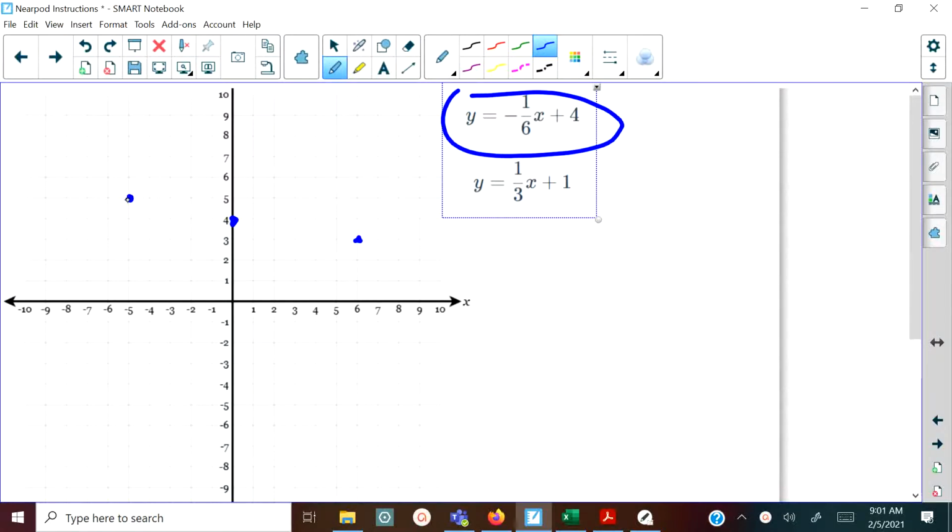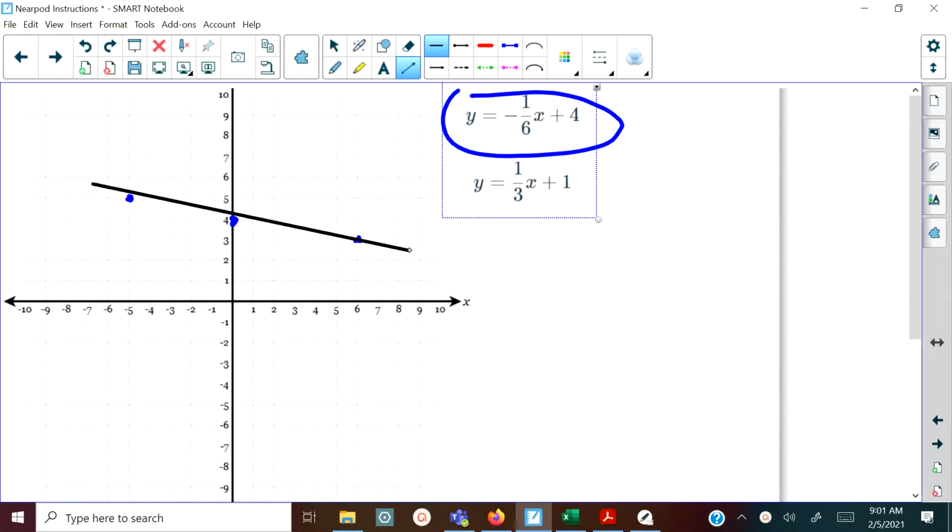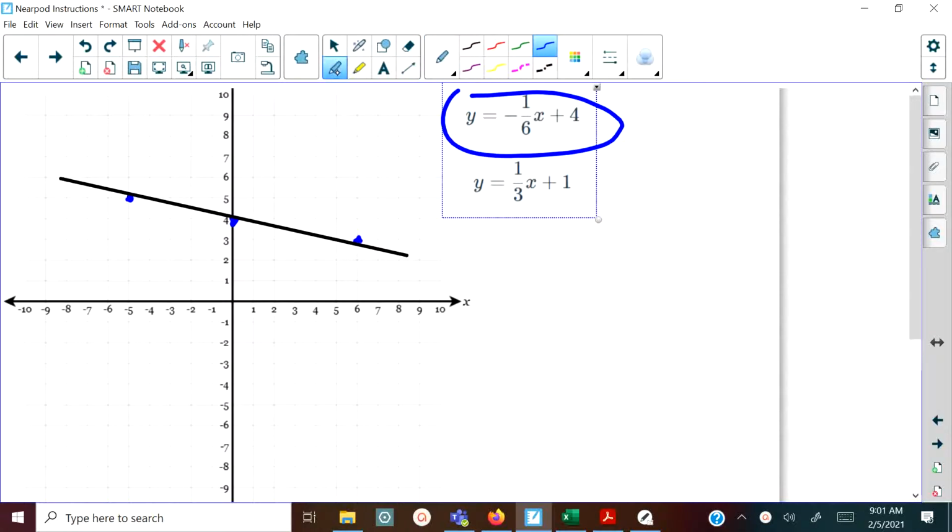And since it's negative, my line is going down. Not too straight. Let's try that. A little bit better. One more go at it. Alright, so that's the first one.